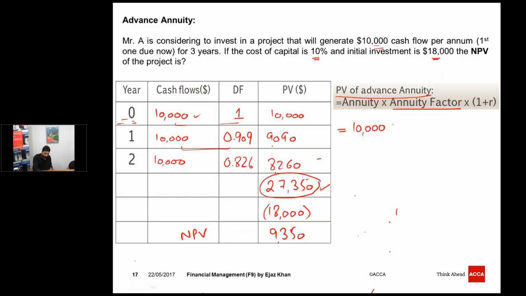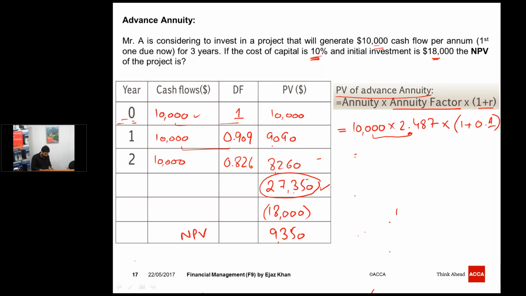Just write it 2.487, and then multiply it with 1 plus R. R is the rate of cost of capital, that is 10%, 0.1. So multiply the annuity with the annuity factor and then multiply it with 1 plus R. So you will get approximately the same answer, 27350.